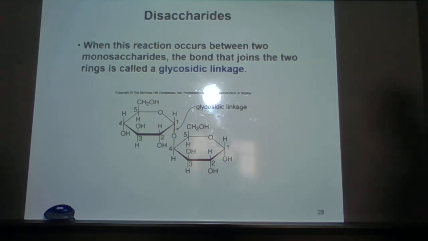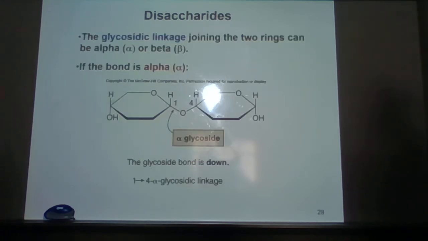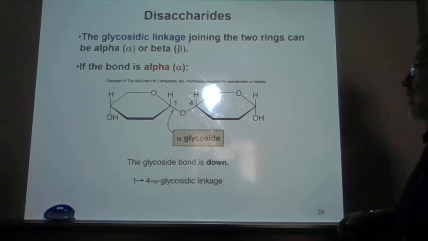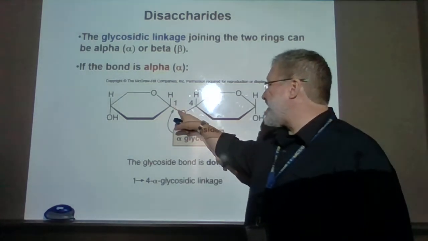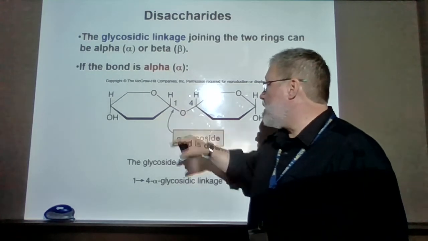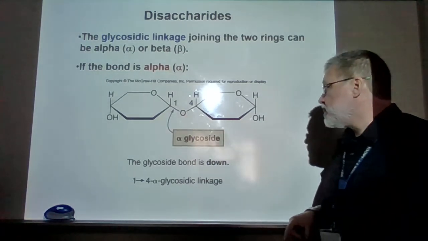When the reaction joins these two monosaccharides between two units, the bond that joins these two rings together is called the glycosidic linkage. The glycosidic linkage between the two rings can be either alpha or beta. Here, we're looking at the position of this oxygen with respect to C1 of this monosaccharide.